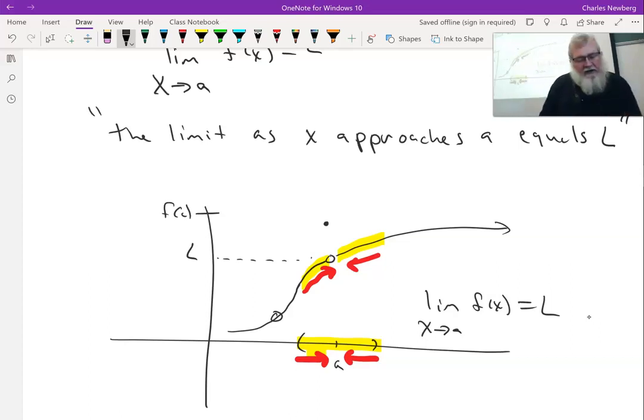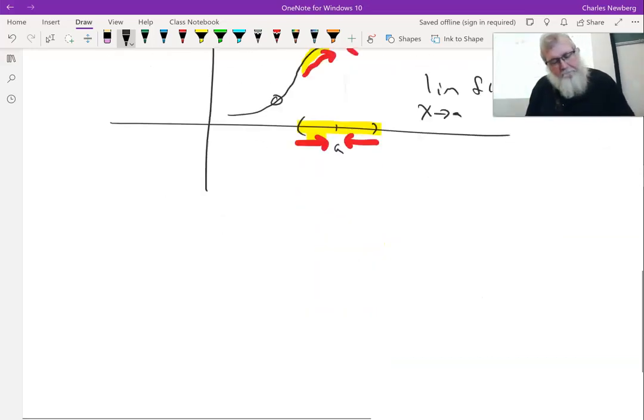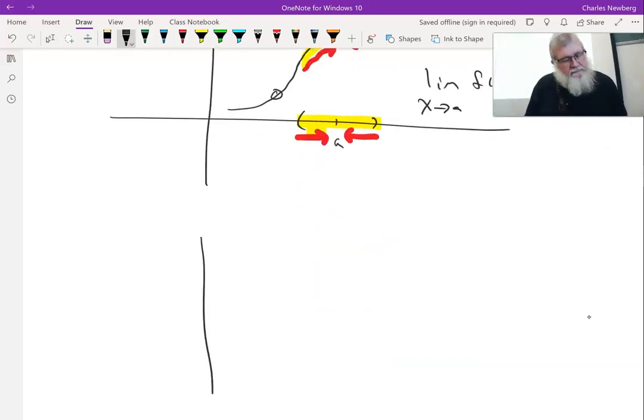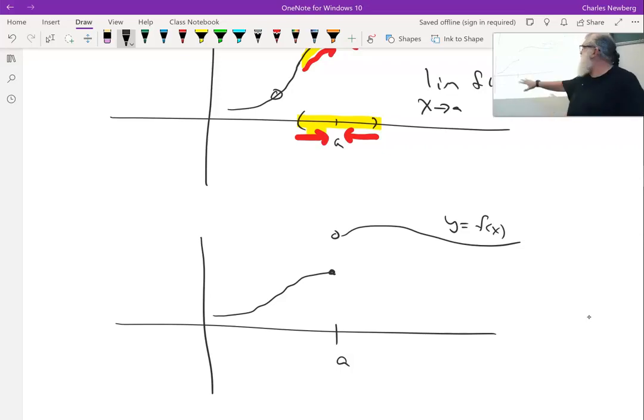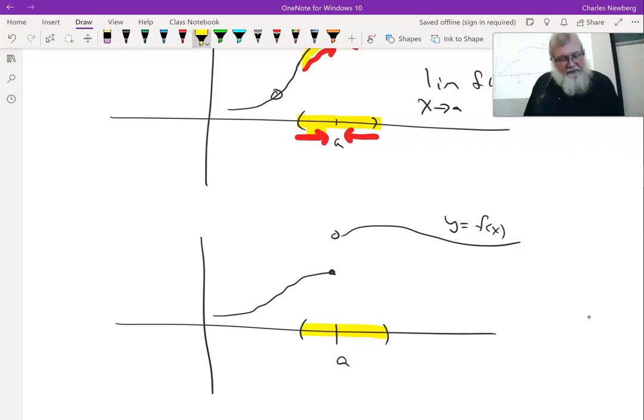All right, our next picture. Here's A. This is y equals f of x. This graph here, the whole thing. First off, if we take a little interval around A, is the function defined for all those x values?